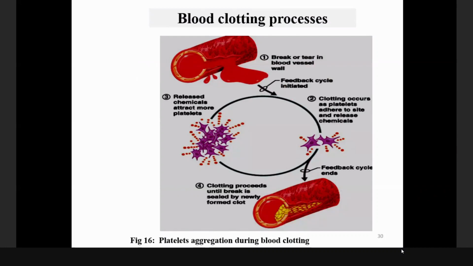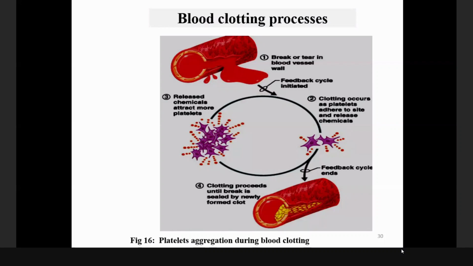Look at this figure again. How are platelets going to be activated on the ruptured area in your blood? So look, this is your blood vessel, and your blood vessel is ruptured because of so many factors. For instance, it can be mechanical. You rupture your blood vessel, then there is bleeding. Blood gets out from the circulation.